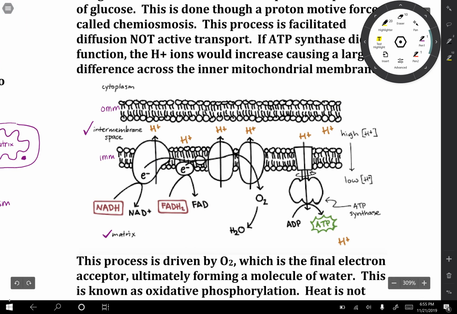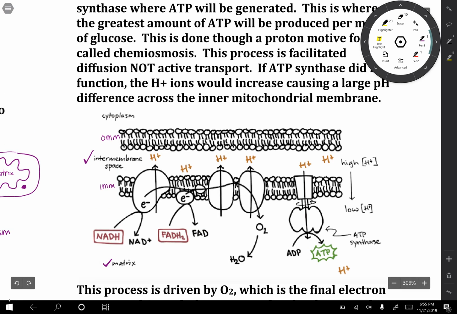Well, in the inner mitochondrial membrane, there is going to be a series of proteins, we're going to call them protein pumps. And what they are, otherwise known as the cytochrome network, is they're embedded in the inner mitochondrial membrane, and they have a couple purposes, but one of the purposes is they're going to take that NADH, that NADH that was created in either glycolysis or the Krebs cycle, in glycolysis and aerobic respiration, it's then going to join up with this cytochrome network, or this series of membrane-bound proteins.